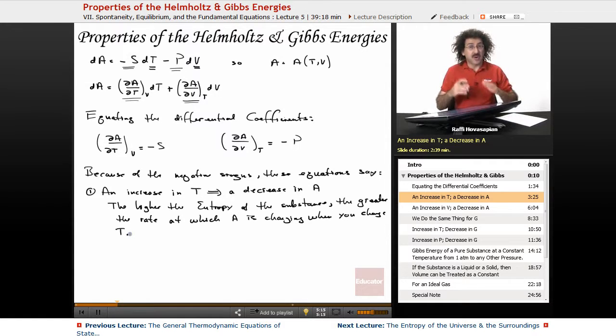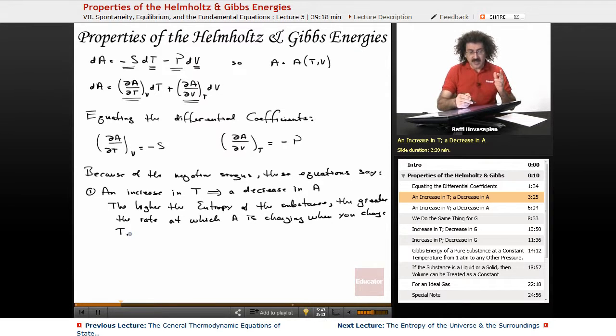So let's say I'm at a particular temperature, and let's say that my system has an entropy of 50 units. If I raise the temperature by a certain number of degrees, the Helmholtz energy of that system is going to decrease at a rate of, let's just say joules, 50 joules per degree Kelvin.